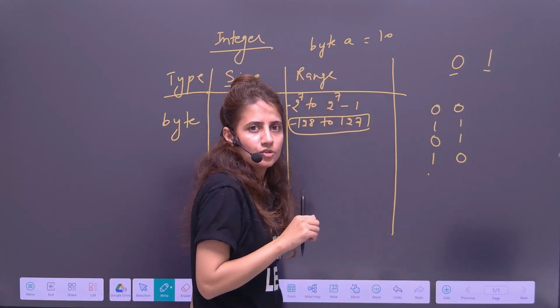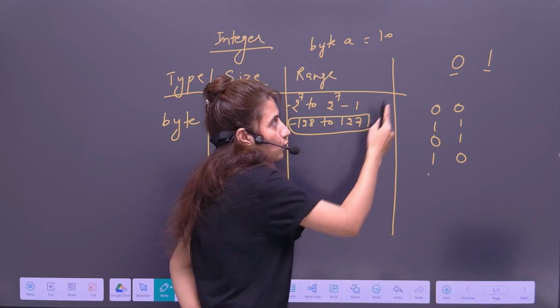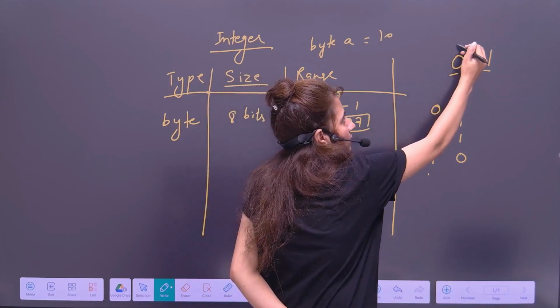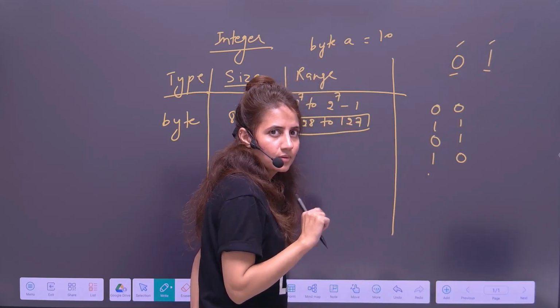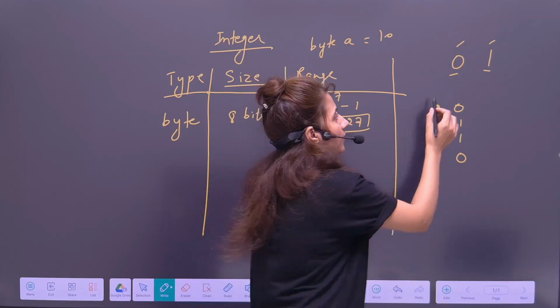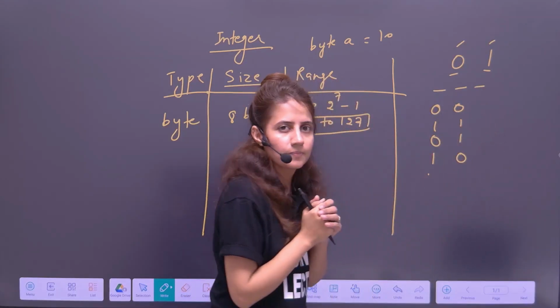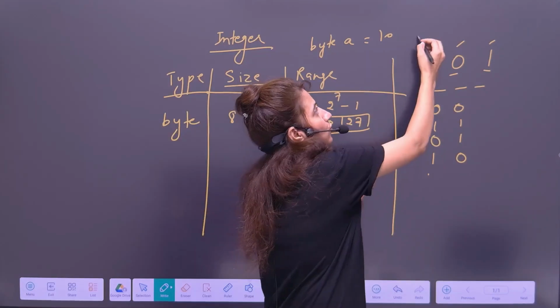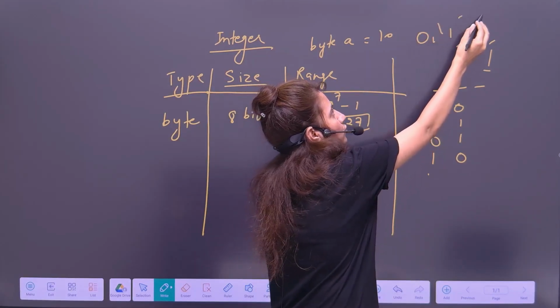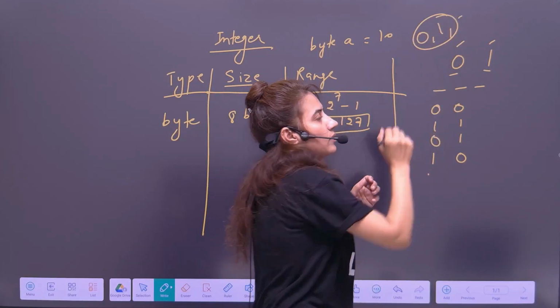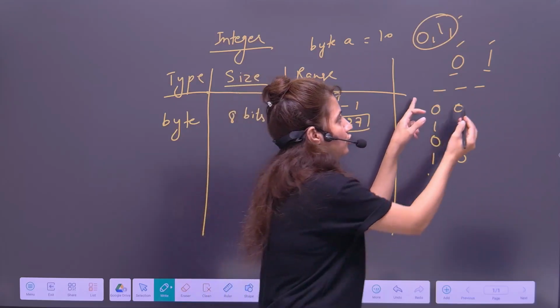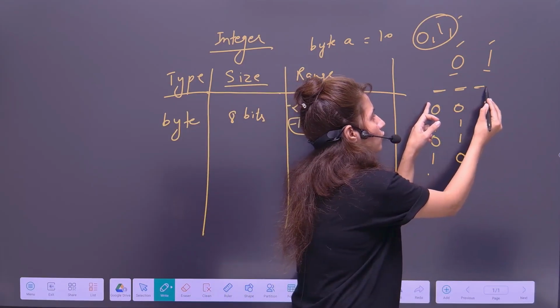There are four combinations, so four numbers we can represent with just 2 bits. If you have 3 bits, 1, 2, 3, obviously you will store only 0 or 1. It's not that you will have 2, 3, 4 or minus 1.